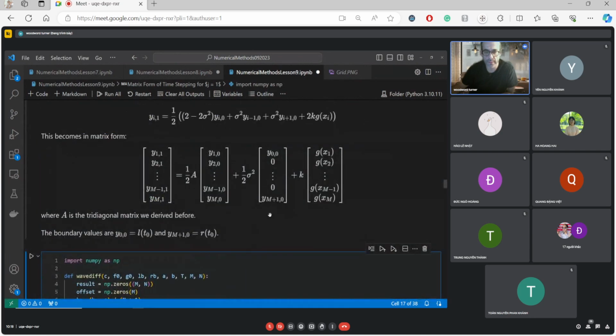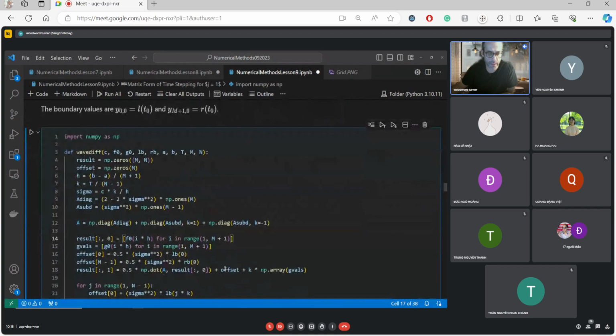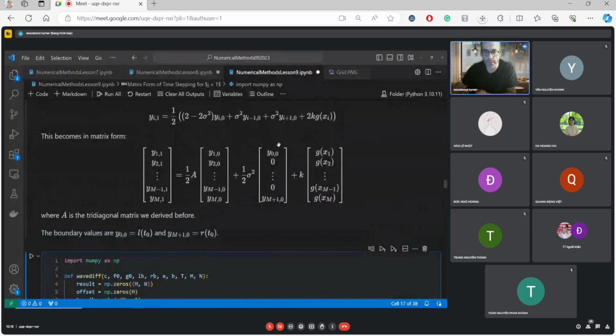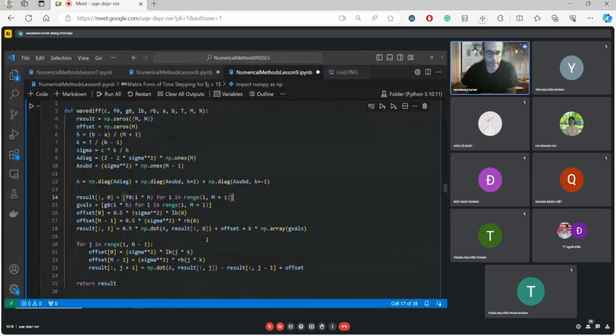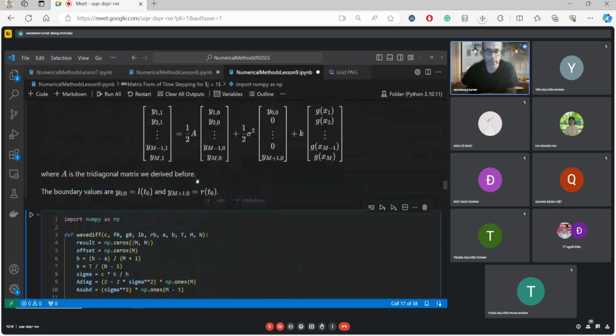Then the next things are the two initial conditions. At the initial time, we have a function that describes u of x, and the initial time derivative at 0, we have a function that describes u_t of x for all x. And then finally, we have the two boundary conditions.